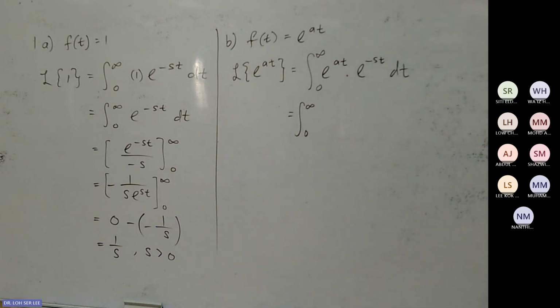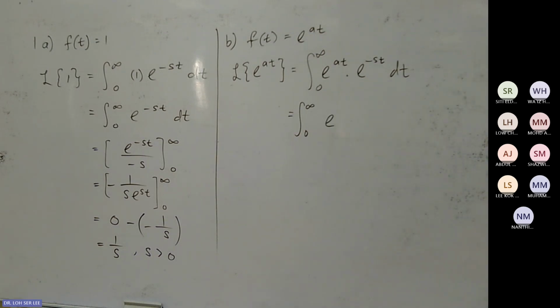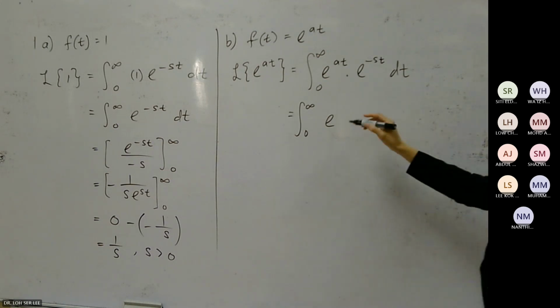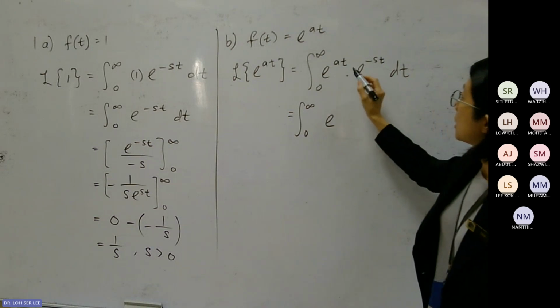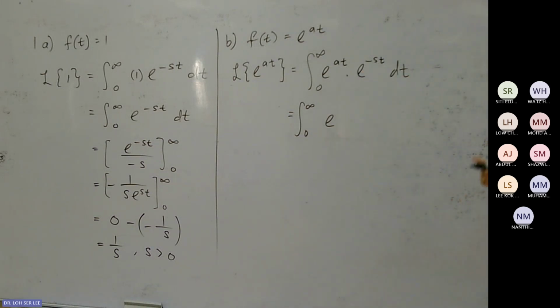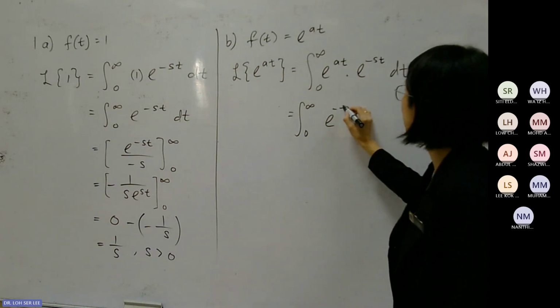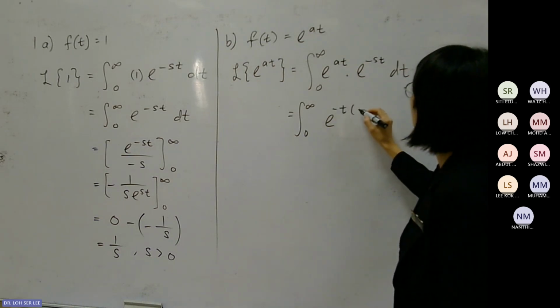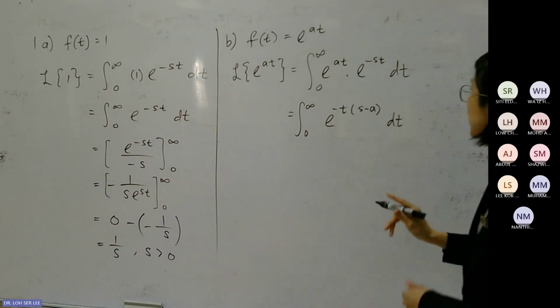Before integrating, we can combine the two e's into one. So the new power will be at minus st, and we can factorize the t. So negative t times (s minus a).